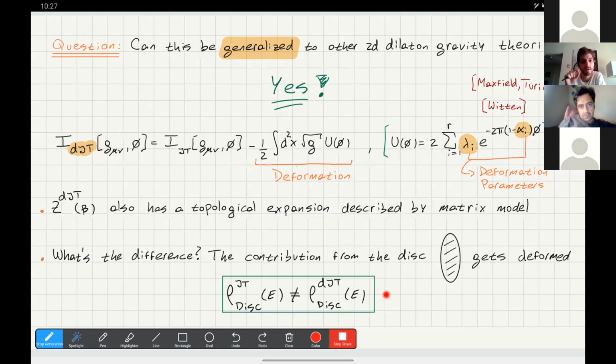The way they are able to solve it is by interpreting these punctures that you see over here as defect insertions, and that's how they are able to perform the sum. It is true that by analytically continuing over this parameter alpha, the defect can be turned into another boundary. But I don't know if I answered.